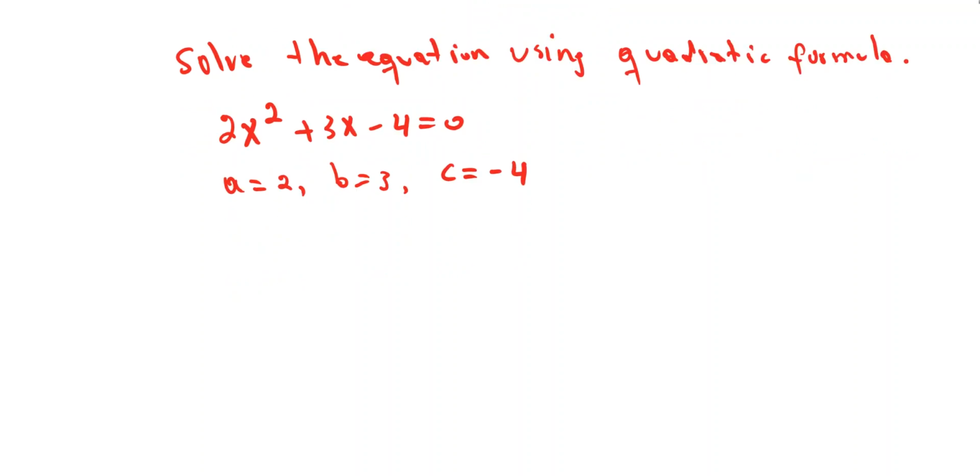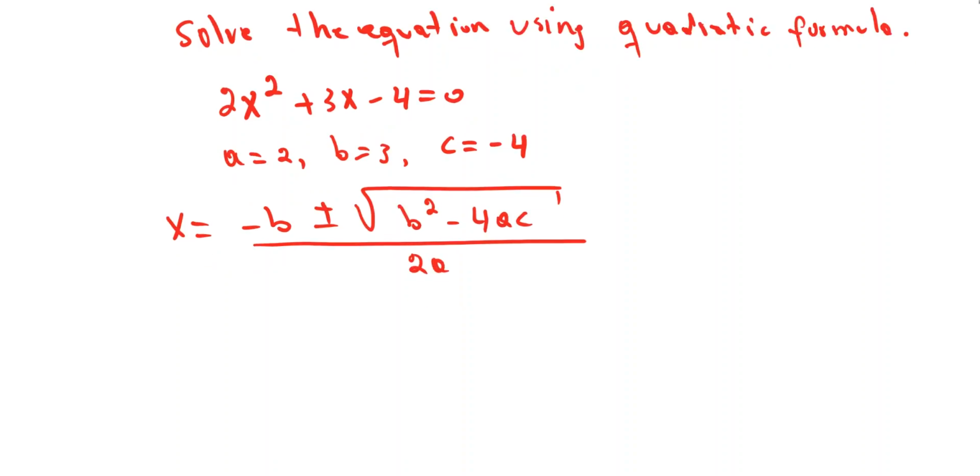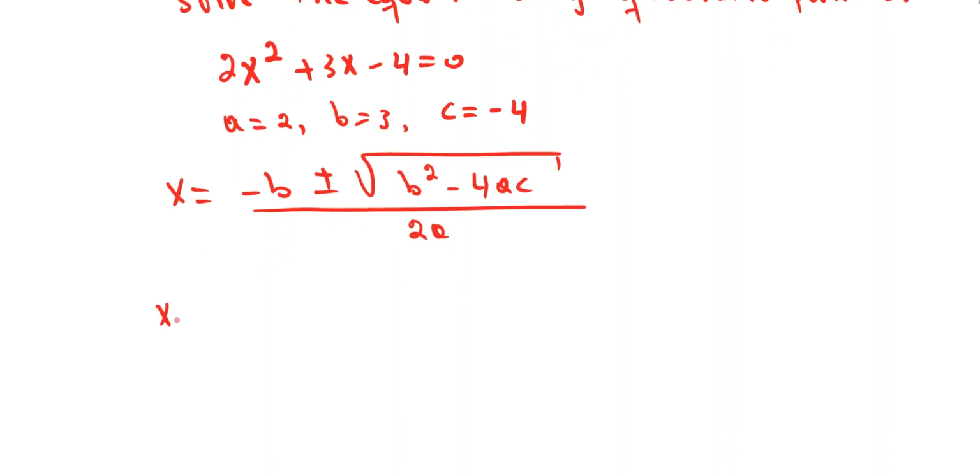Then you go to the quadratic formula, which is x equals negative b plus or minus the square root of b squared minus 4 times a times c, all divided by 2a. So you let b be 3.